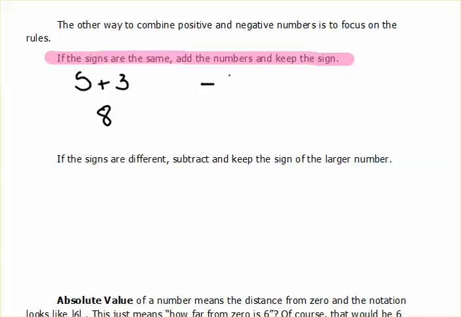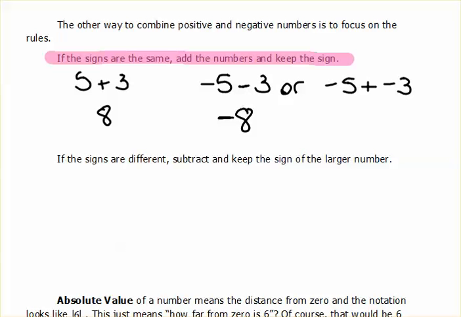If we were to have -5 minus 3, or you might even see it as -5 plus a -3, either way they mean the same thing. These are the same sign, so you would combine the numbers and keep the sign. It's the same exact concept.